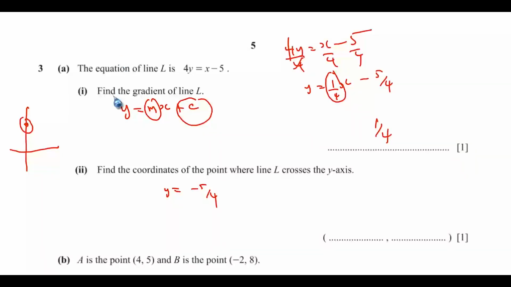So let's try, and alternatively you may want to substitute y here. Okay, so you see that x is equal to 0. You can check that. So we already know that y is equal to minus 5 over 4. So into this now, we have 4 into y, that will be minus 5 over 4, then is equal to x minus 5.